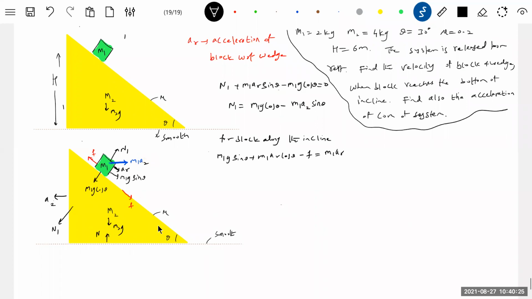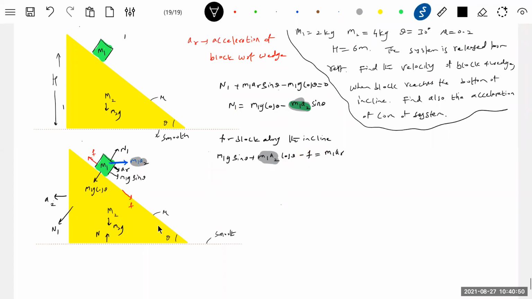Some correction is needed here. The pseudo force I'll show separately. Not M1 AR, the pseudo force is M1 A2. Okay, this is our equation. What is F?